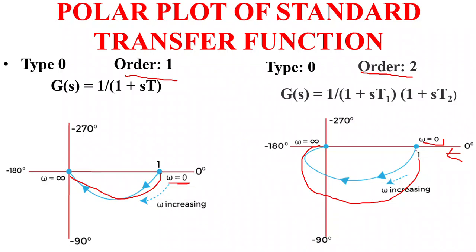Here in general this is our order 1 system and this is our order 2 system. So with type 0 we start at 0 degrees, and it ends at order 2, that is, an angle of minus 180 degrees. In the first case, type 0 order 1, we start at ω equal to 0 with a phase angle of 0 degrees, and it ends at the order 1 point, ω equal to infinity, with an angle of minus 90 degrees.